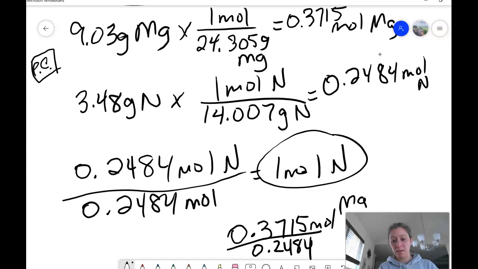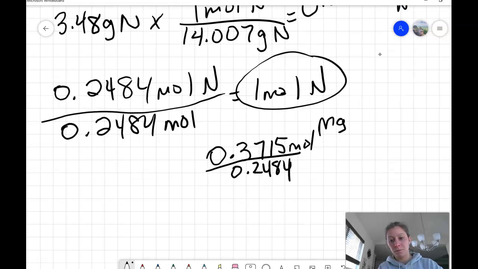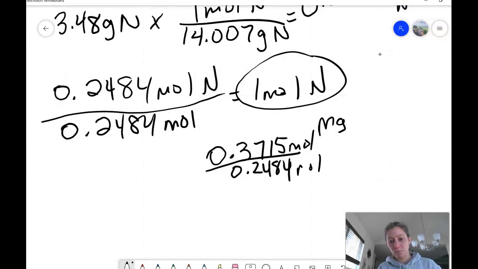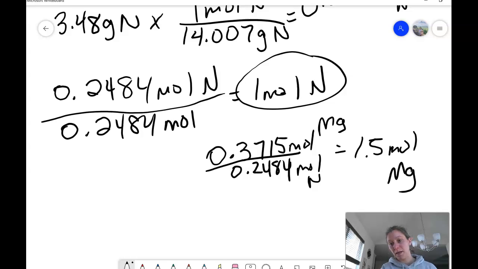And then for magnesium, you get 0.3715 divided by the smaller number, which is 0.2484, and you get that to be 1.5 moles of magnesium. So the ratio here of magnesium to nitrogen is 1.5 to 1. Okay, we know when we make chemical formulas, magnesium, the metal, comes first, and so you would do this.